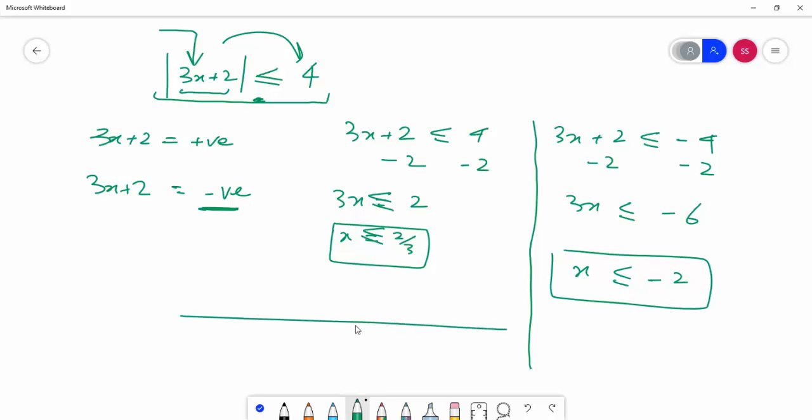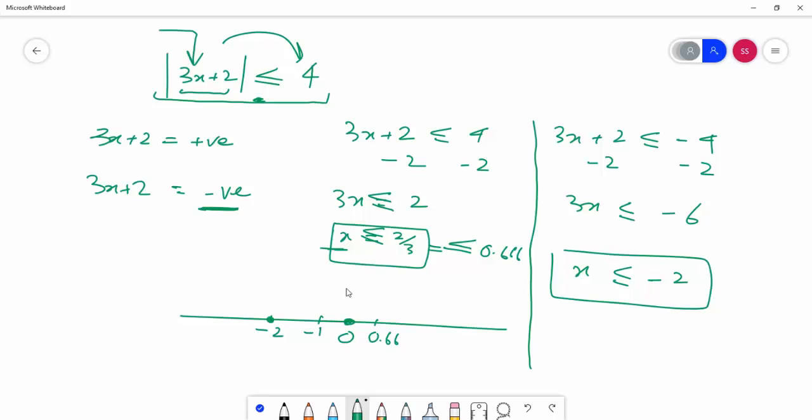So what's happening on the number line? You are using the value of x as a number which is less than 2 over 3. That means it is less than 0.6666. Let us mark it as 0 here, and that is marked as 0.66. And less than equal to negative 2, let us mark it as negative 1, negative 2, like this here, right?